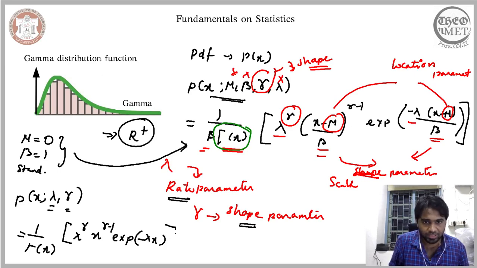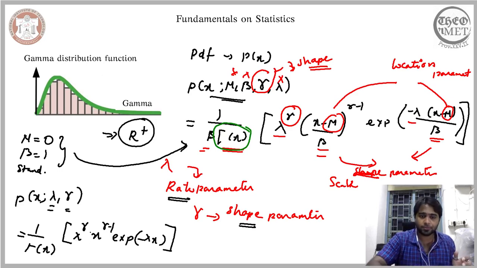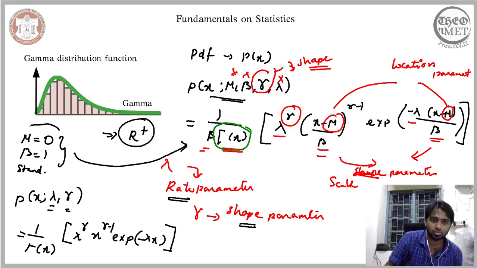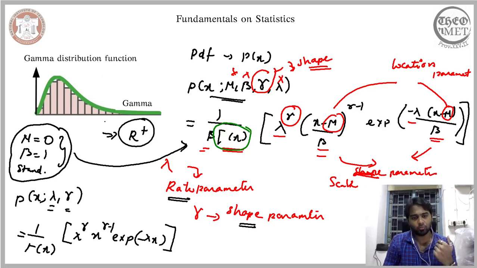So this would be the PDF for the standard gamma distribution, wherein we have assumed the other two parameters have specific values of 0 and 1.